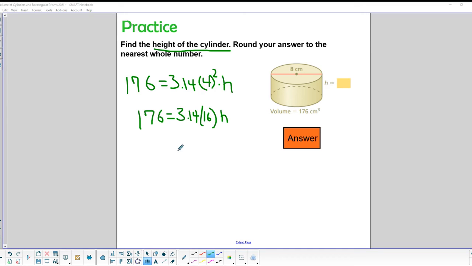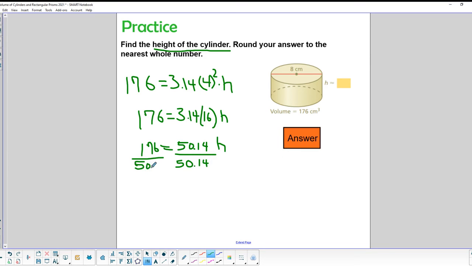It's 176. And then we're going to equals 50.14. And then we have to divide both sides by 50.14 to get our final answer for the height.